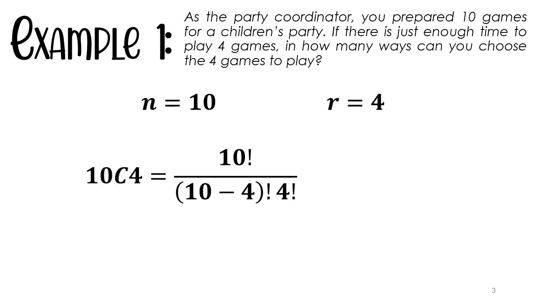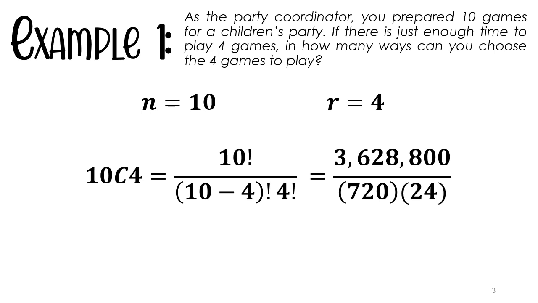We have 10C4 is equal to 10 factorial all over quantity (10 minus 4) factorial times 4 factorial. So 10 factorial is equal to 3,628,800. All over, we have 10 minus 4, that is 6. 6 factorial is 720 times 4 factorial is 24.